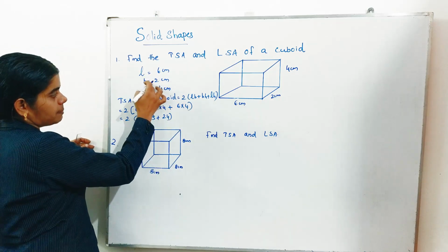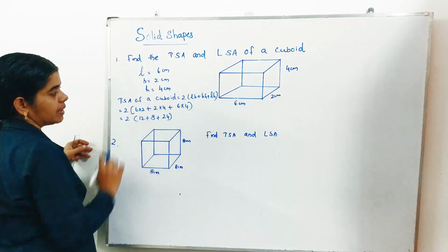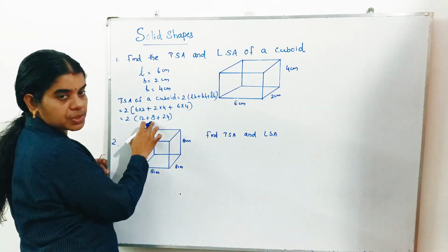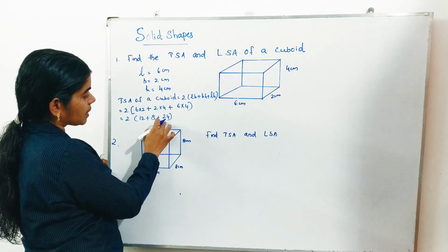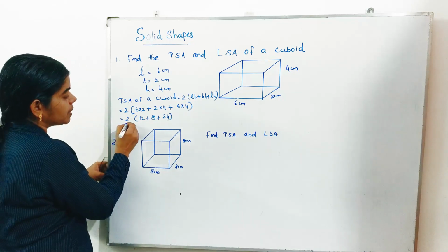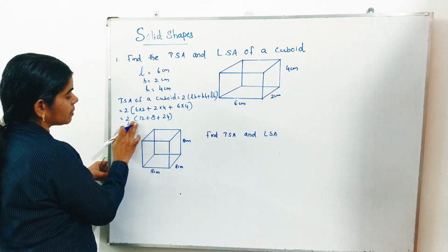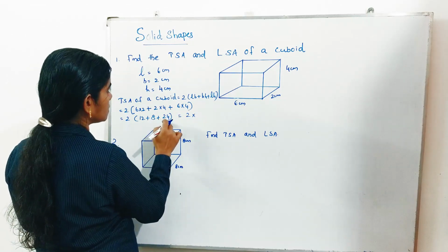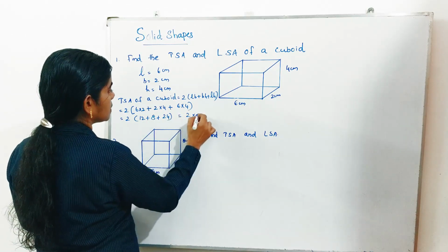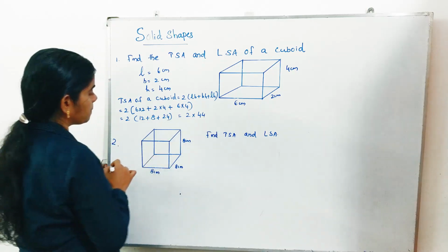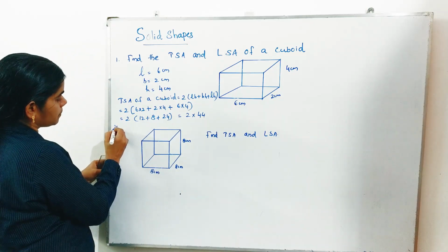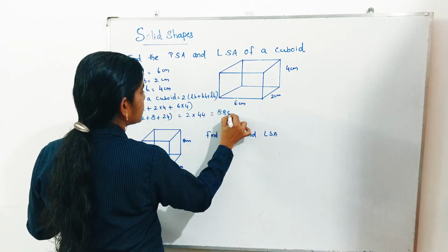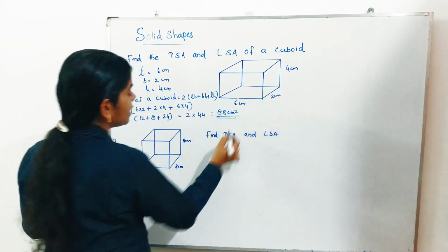Then 12 plus 8, 20, 20 plus 24, that means 44. 2 into 44, that is equal to 88 centimeters square will be the area.